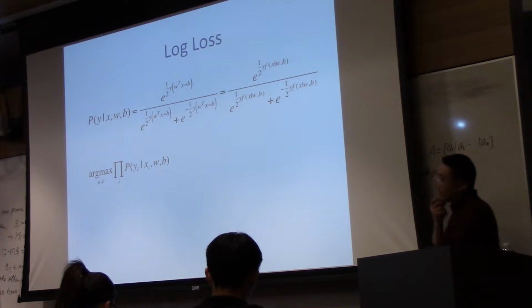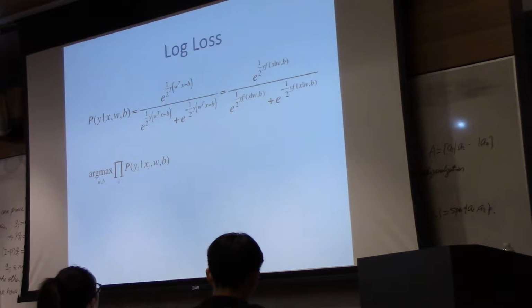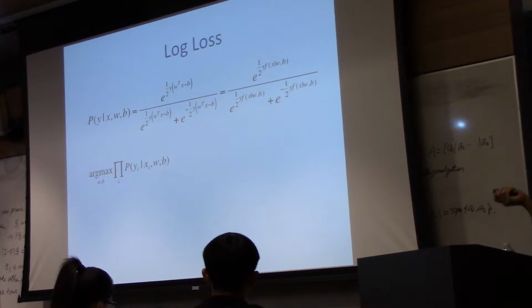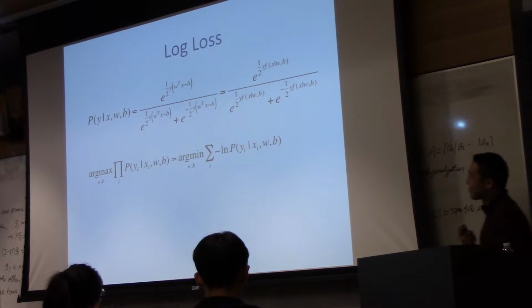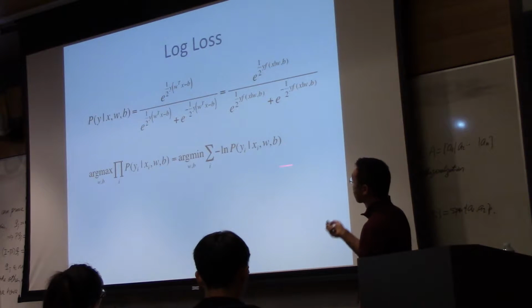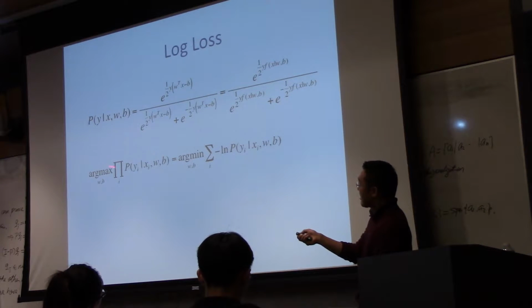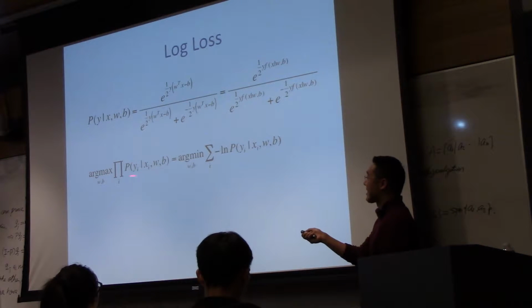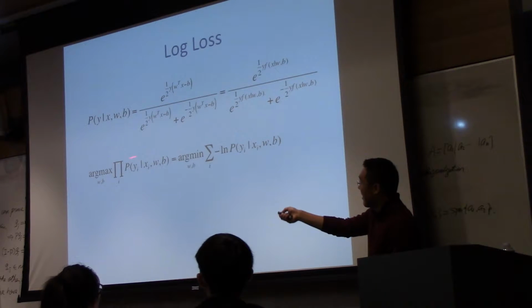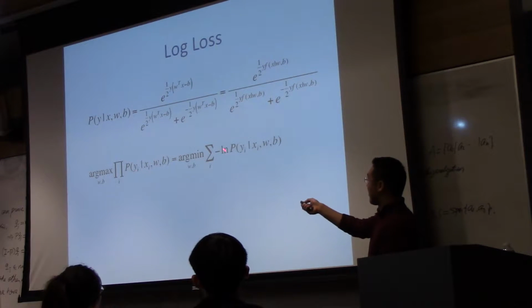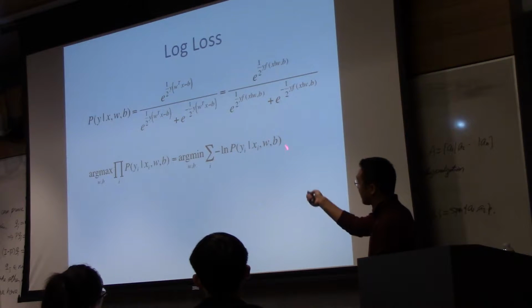Okay, so let's talk about the loss function that the logistic regression is actually optimizing for. I talked about the probabilistic interpretation. If you take this maximization problem, you can transform it into a minimization problem by taking the negative log of this term, and then by linearity of product and sum in terms of logarithms, it becomes like this.